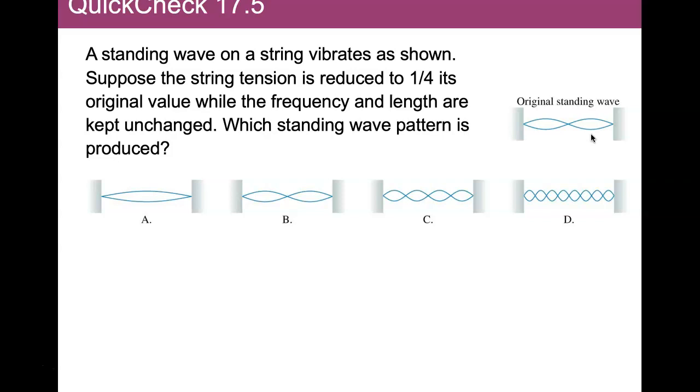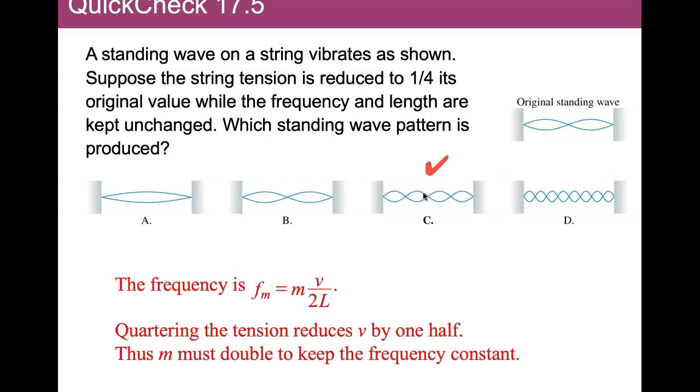So we're not changing the frequency, right? The frequency is kept unchanged. So if v goes down by a factor of 2, lambda must go down by a factor of 2. So previously we fit 2 half lambdas. Now we should fit 4 half lambdas, right? Because lambda is just half of its initial value. So C is the correct answer.